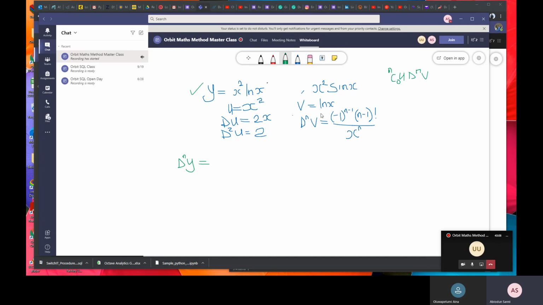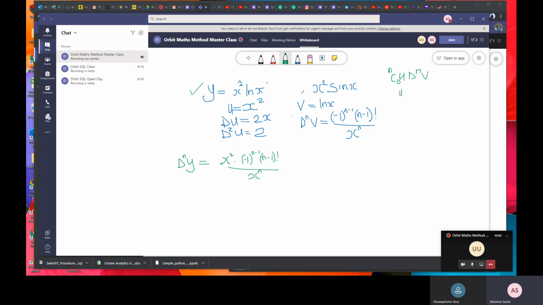So n combination 0 is 1, so that doesn't matter. So what's my u? x squared times d^n v, which is this guy. So times minus 1 raised to n minus 1 times n minus 1 factorial all over x to the power n.